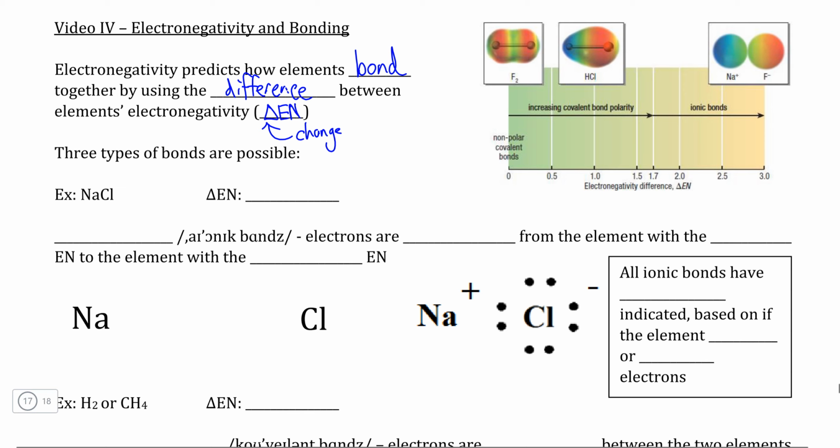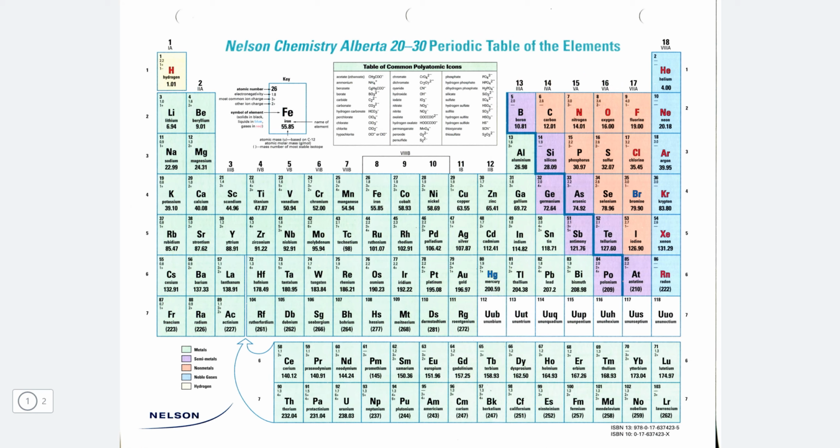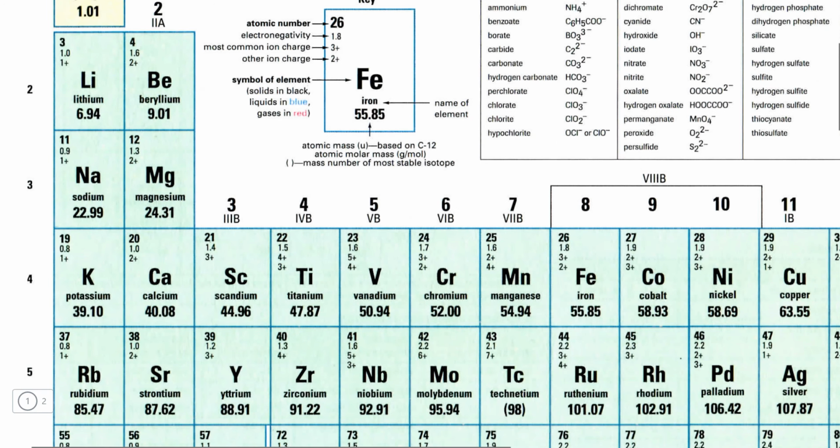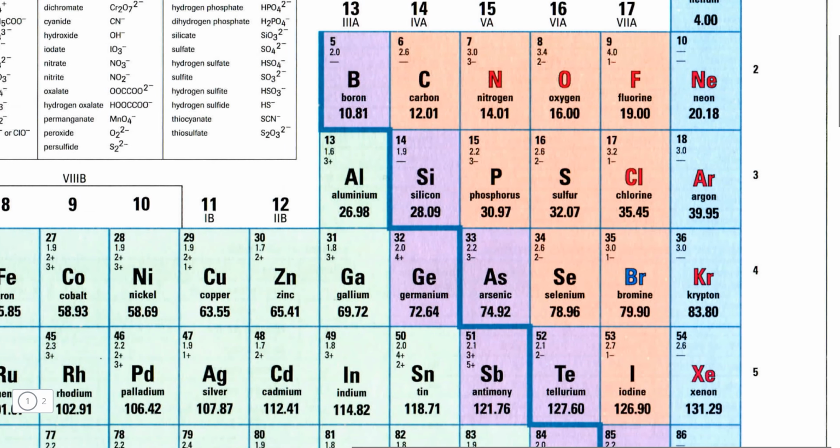Now, in order to calculate the difference in electronegativity, first we actually need to identify what the electronegativity constants are using the periodic table. So if we want to calculate the electronegativity difference in sodium chloride, we can take sodium's electronegativity of 0.9 and chlorine's electronegativity of 3.2.